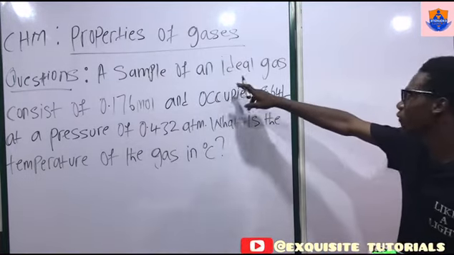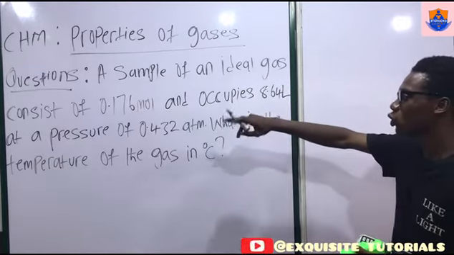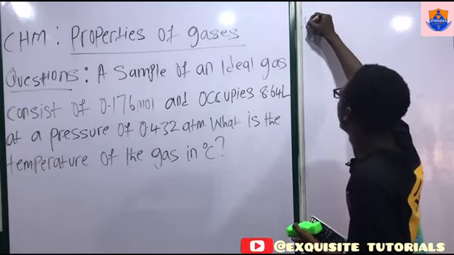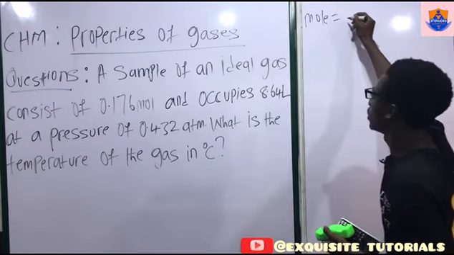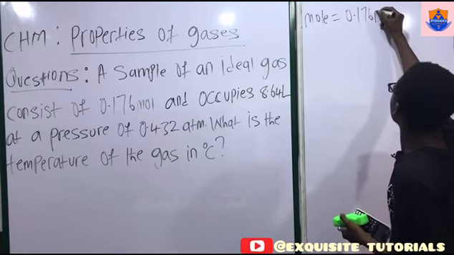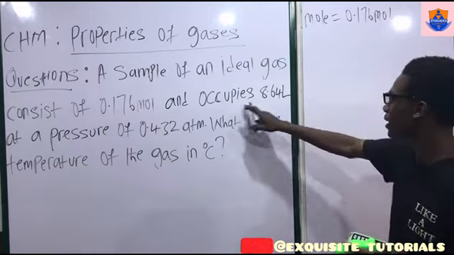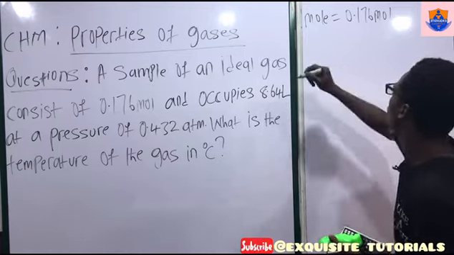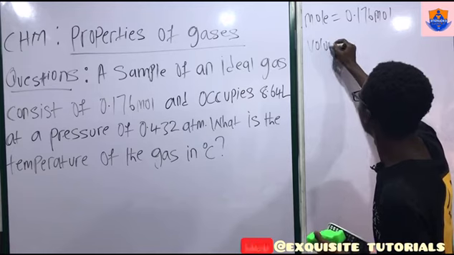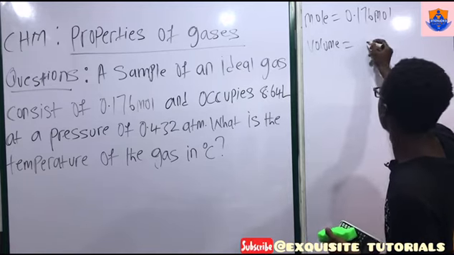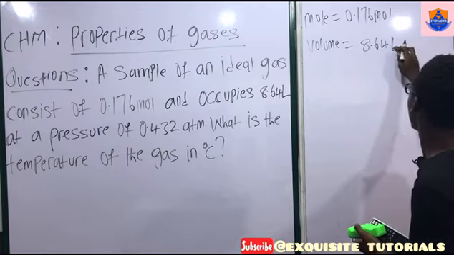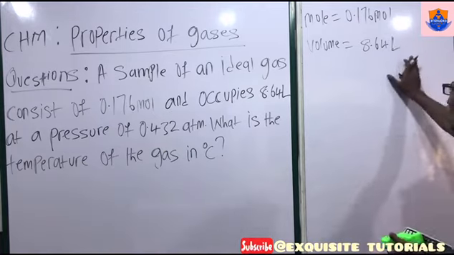A sample of an ideal gas consists of 0.176 moles, so the number of moles is 0.176. It occupies 8.64 liters, so the volume is 8.64 liters. Remember, our volume can either be in liters or in dm cubed.